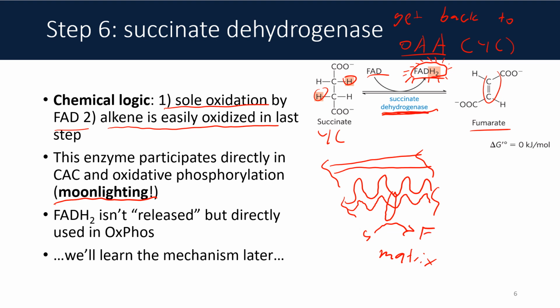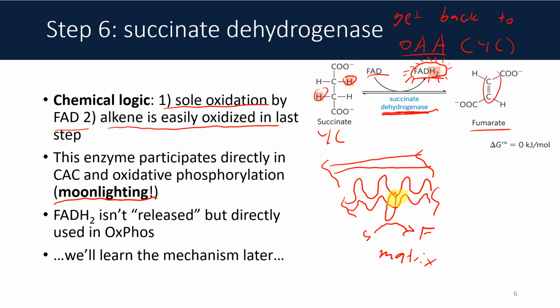The part of the protein that is embedded within that inner membrane, well, that is actually going to be a whole different kettle of fish, if you will. That part of the enzyme is actually participating in the electron transport chain, which is needed for oxidative phosphorylation. We're going to talk about that and its mechanism later on.